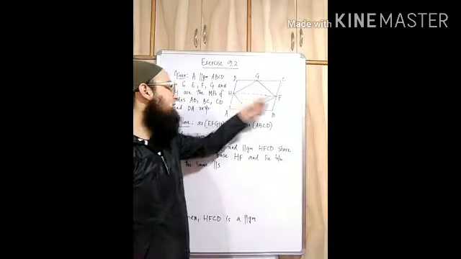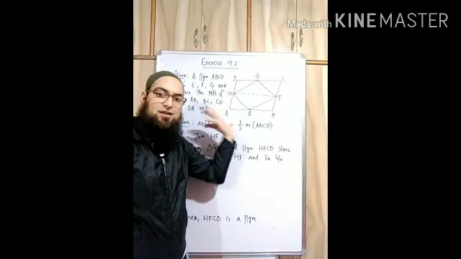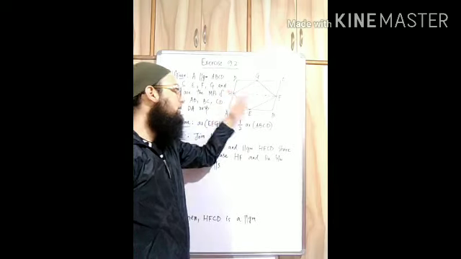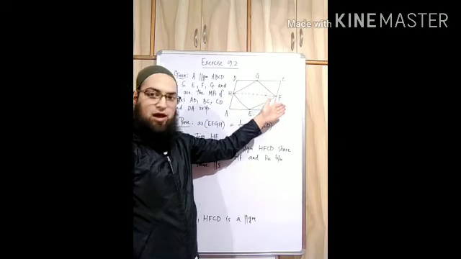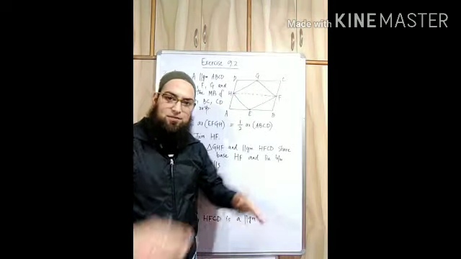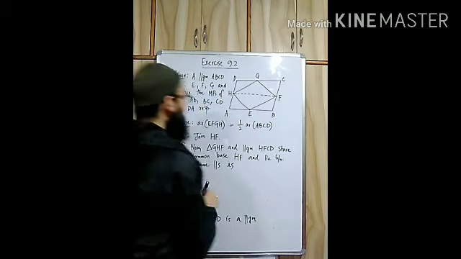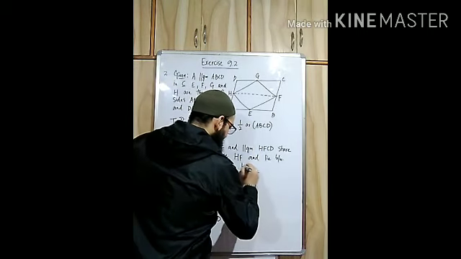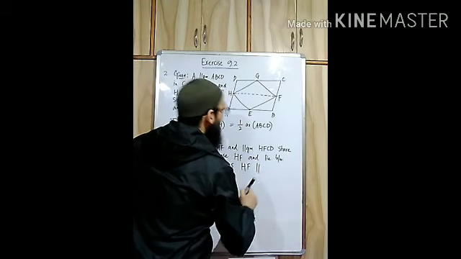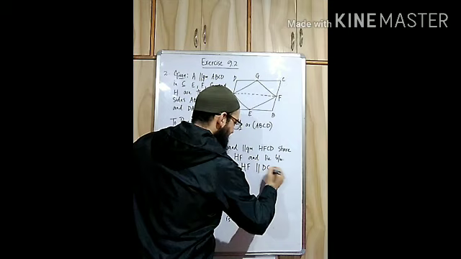Now we proved that HFCD is a parallelogram. If it is a parallelogram, then obviously HF is parallel to DC, opposite sides of a parallelogram. Same parallels as HF is parallel to DC.